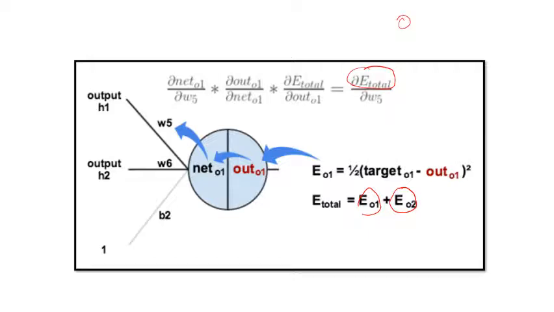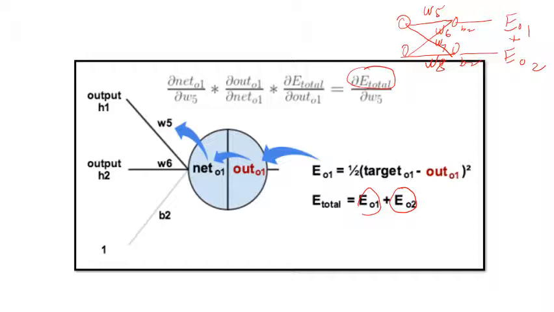If you remember the structure of our neural network, it was like this. This was error EO1 and this was error EO2, and the total error is the sum of these. Here we had the weights W5, W6, W7, and W8, and then we had biases B1 and B2.